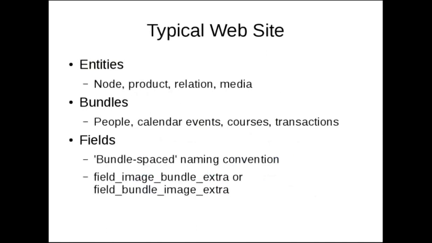So we kind of touched on some of the things. A typical website, at least what I've seen, and you guys can comment, has different kinds of entities, and bundles on whichever ones make sense. And then we typically end up with this bundle-space naming convention, kind of like what you just said with the image. I put image this bundle, image that bundle, and I end up with this mishmash of interesting looking names.